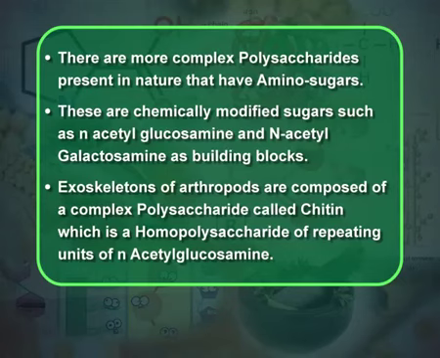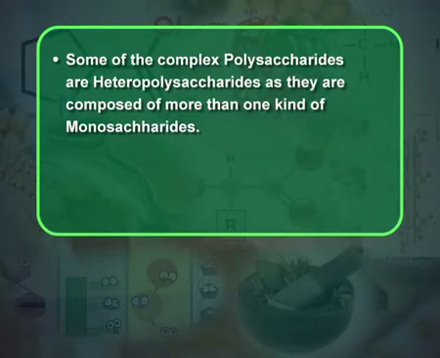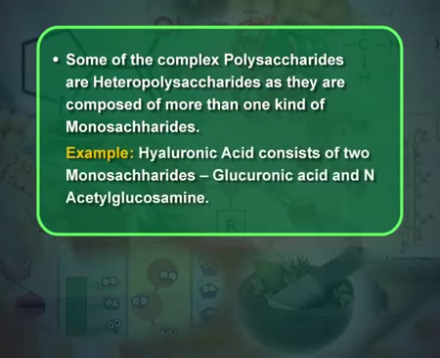Because it contains repeating units of just one monosaccharide, N-acetyl glucosamine. Now some of the complex polysaccharides are heteropolysaccharides, that is, they are composed of more than one kind of monosaccharide. For example, hyaluronic acid, which consists of two monosaccharides, glucuronic acid and N-acetyl glucosamine.